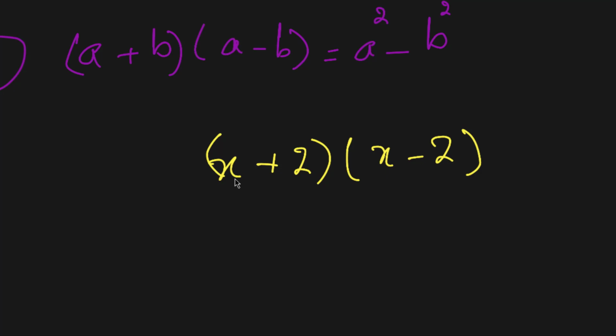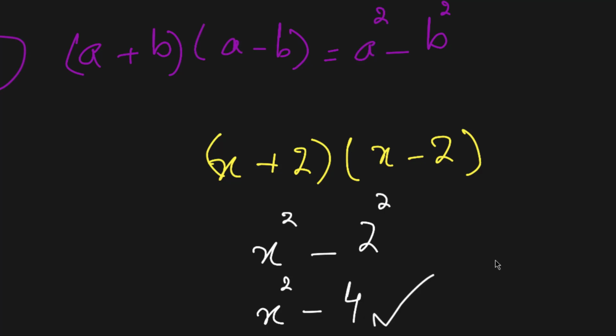And to do that is very simple, which is the two terms in both the brackets are the same, so it's just like the difference is just the sign. So you just take the first term, which is x, square it, minus, write the second term, square it. There you go. This is our answer. But we could just simply write the square of 2. So x squared minus 4. And now this is our final answer. And that's how we do it.